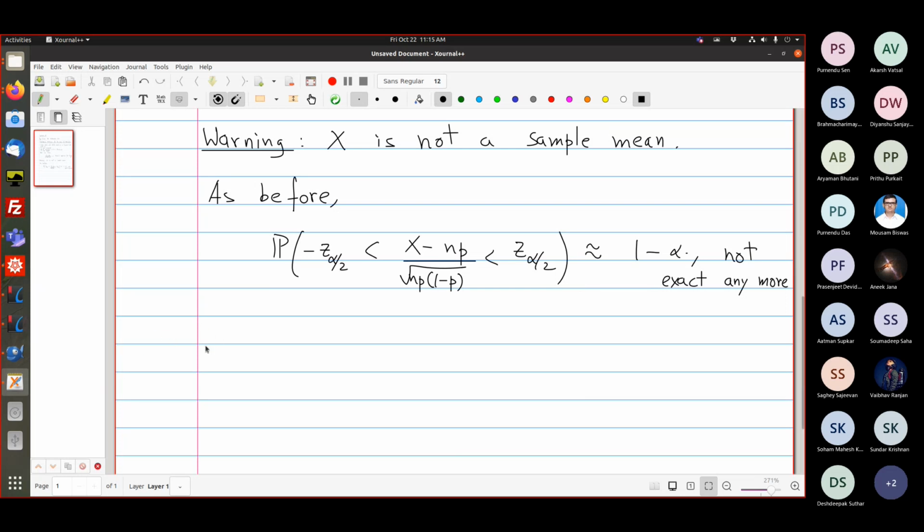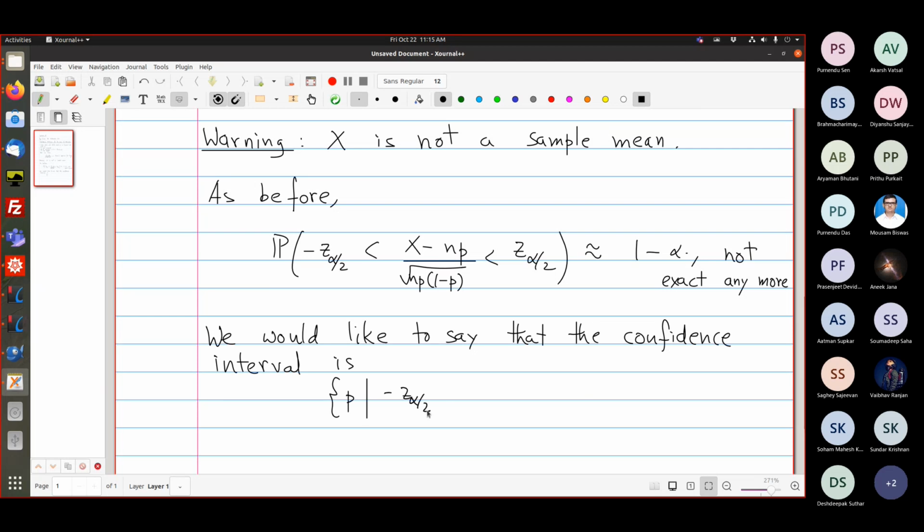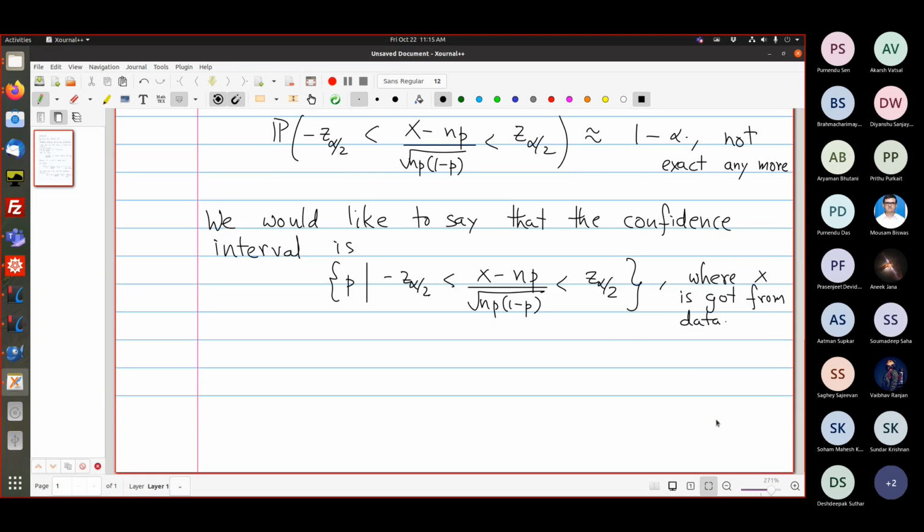So what we would like to say is that the confidence interval is the set of p such that minus z alpha by 2 is less than (x minus np) divided by the square root of np(1 minus p), which is less than z alpha by 2, where small x is from data. I mean, that's what one would like to say.